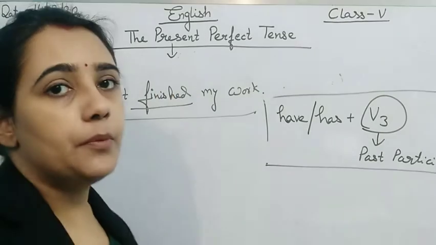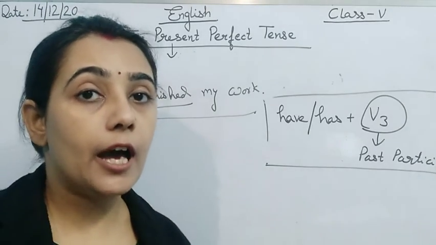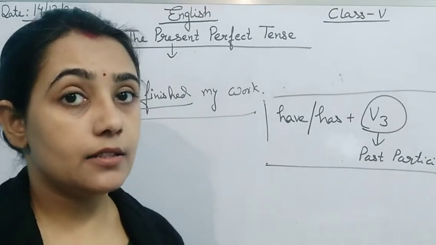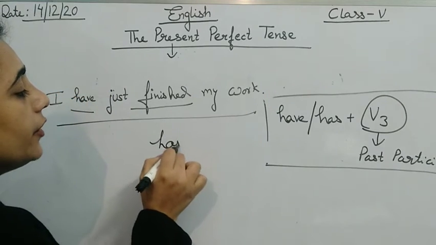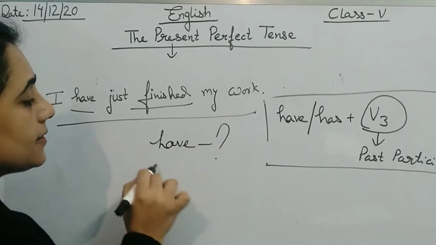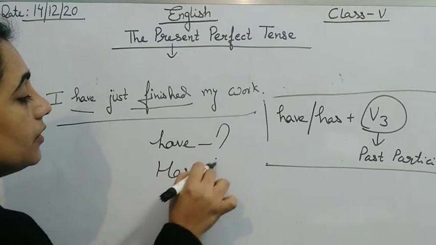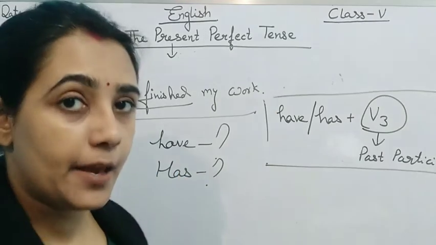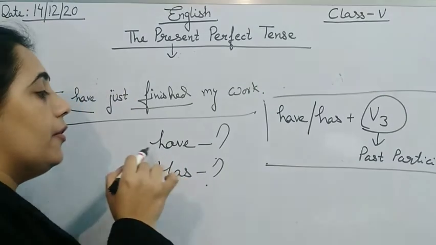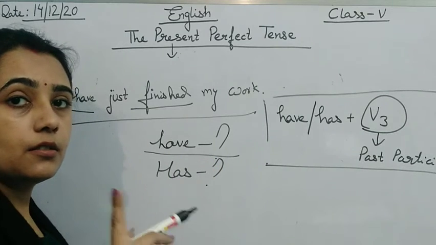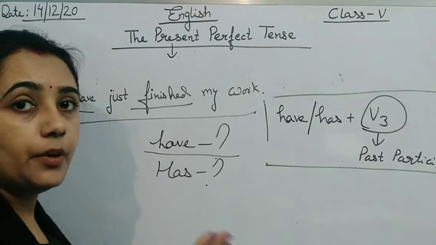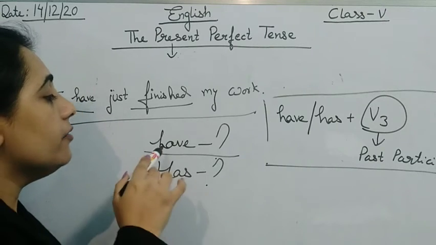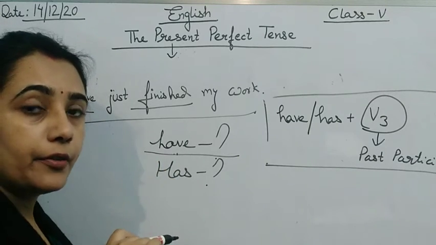Now you will ask me, ma'am, where to use have and where to use has. This is a genuine question. Again, same concept. When there is a plural person, then we use have.